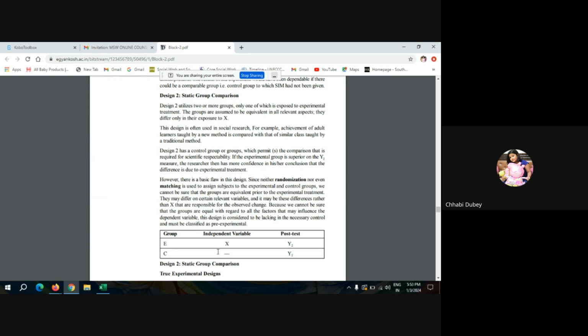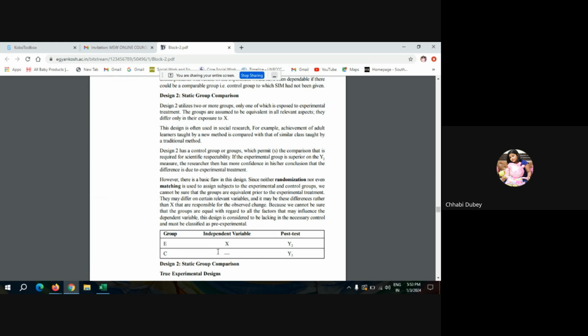Randomization means you randomly select subjects to assign to the experimental or control group. You know that random selection of individuals gives you the most proper results, where values will come very close to what should be the case.